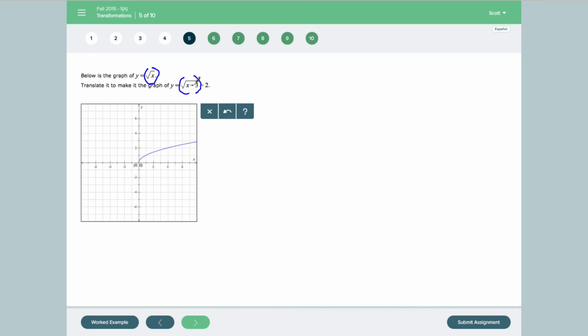Okay, so the minus 3, again, plus, minus, the minus 3 means I'm moving it to the right 3 units. So I'm going to go 1, 2, 3. And then what am I going to do? Well, right here, I have a minus 2. So that means I'm going down 2. Remember, minus is down. So from this point, I'm going down 1, 2. Just like that. So if you get more than one, don't panic. Just do one first and then the other one.